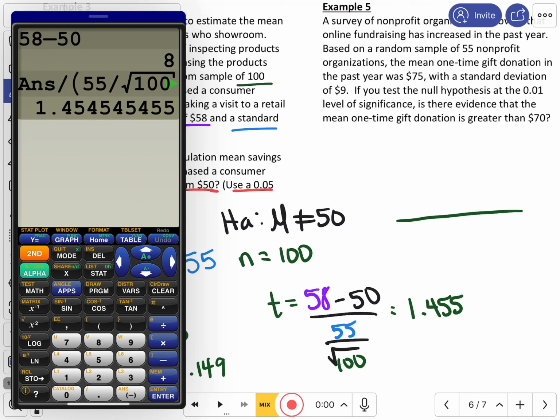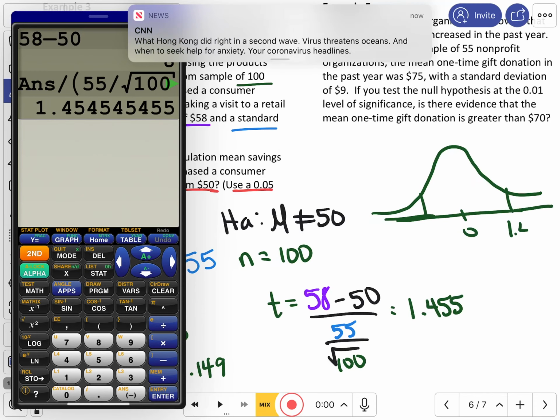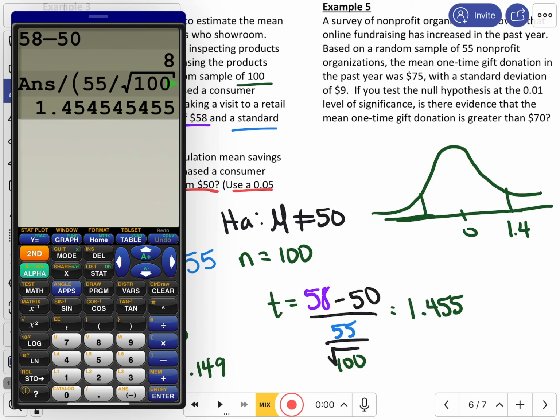Now, in a two-tailed test, here's how it's different. When you draw your curve, the actual tail can either be, here's 0, it can be here or here. Here is the t-value of 1.455. The other value that corresponds to that is also a negative 1.455. The good news is that the area located in both of these is the exact same.